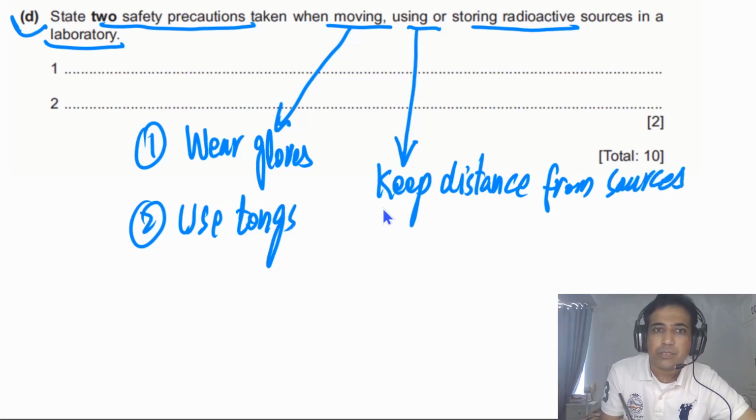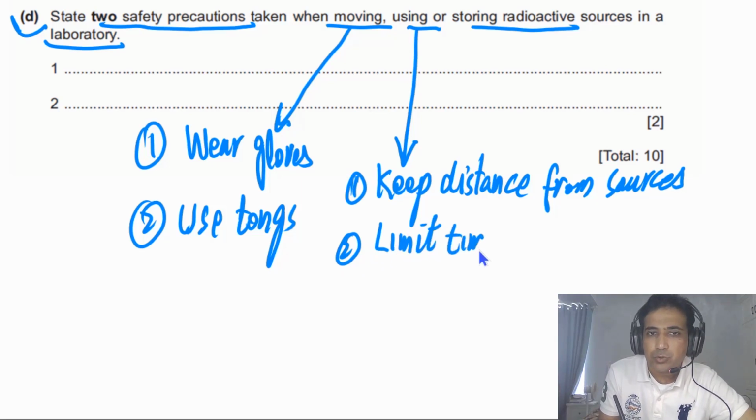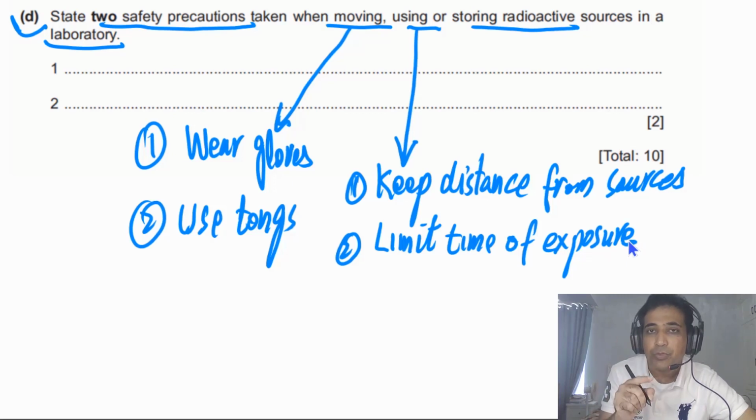Keep distance. The second point we can say is limit time of exposure. It means don't stand in the radioactive source room for a long time, or don't do radioactive experiments for a long time.